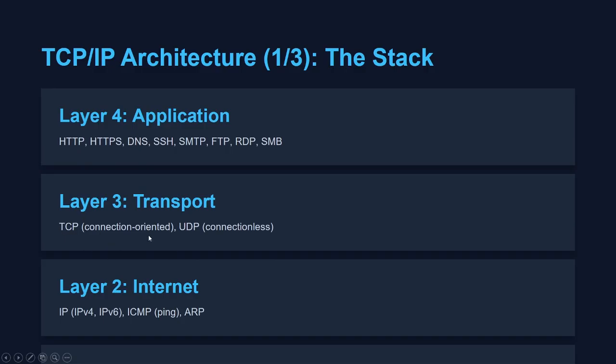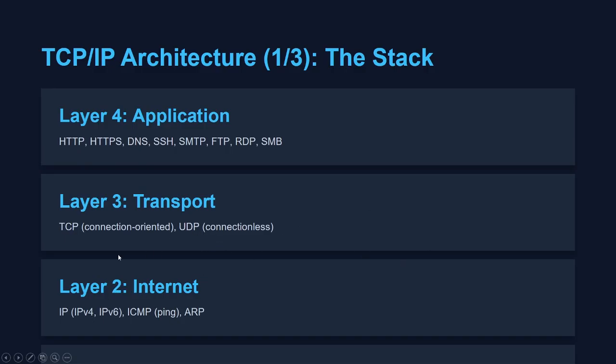TCP is used where you need a reliable connection, where the other side acknowledges that it received a packet, and it also has SYN and acknowledgement features. UDP doesn't have that. It just sends the packet. That's it. It doesn't care if the end user received the packet or not.